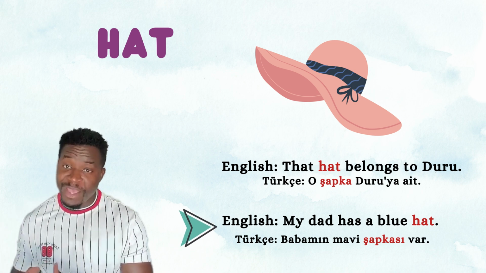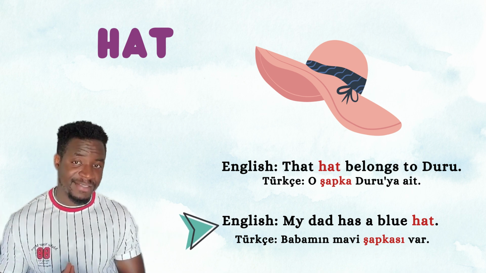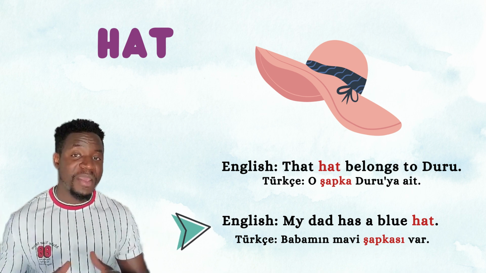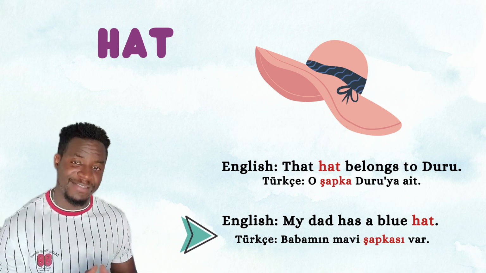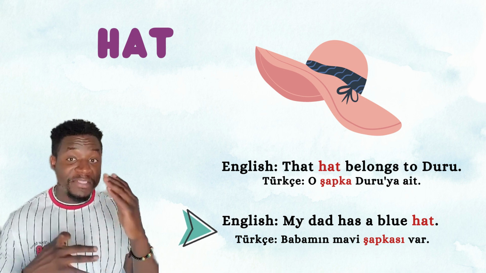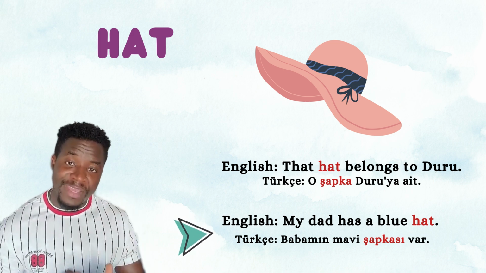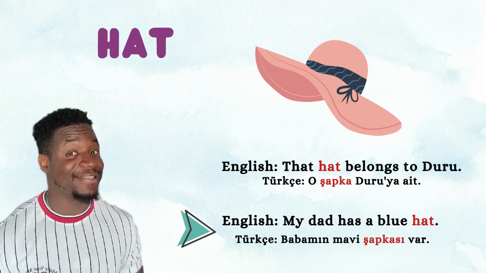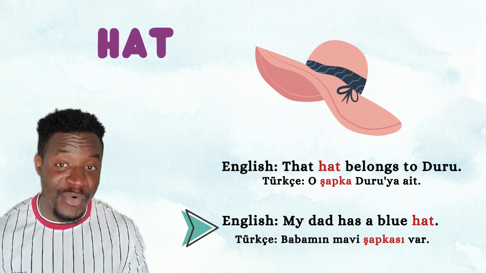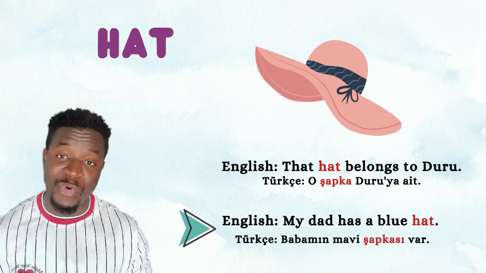In Turkish, how do we say this sentence? We say, babamın mavi şapkası var. Okay? In Turkish, it is, babamın mavi şapkası var. Great. You are on the track to getting your English language improved.